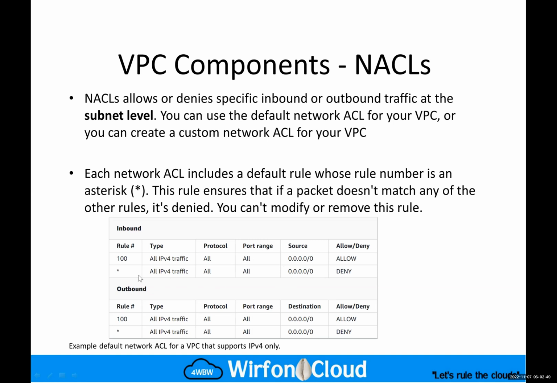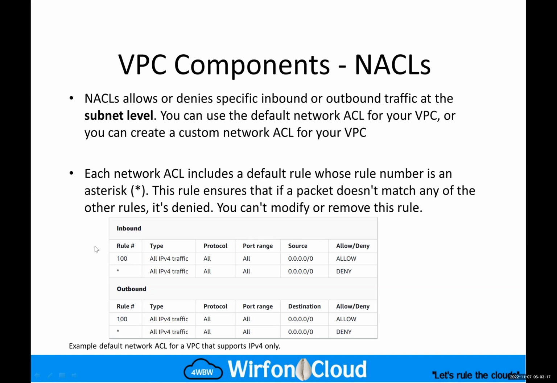So the star rule is immediately applied, and you can see that for any protocol or any port and any type of traffic source, it is saying deny. Again, all the rules have numbers, and the rules are evaluated from the smallest number to the highest number.